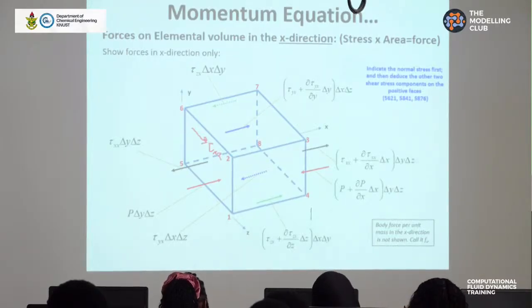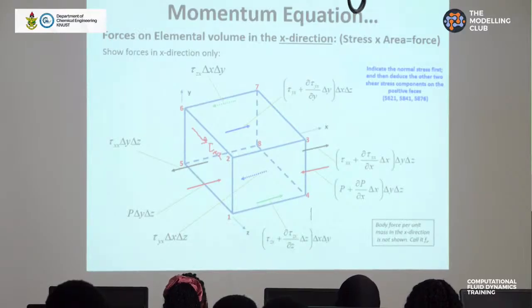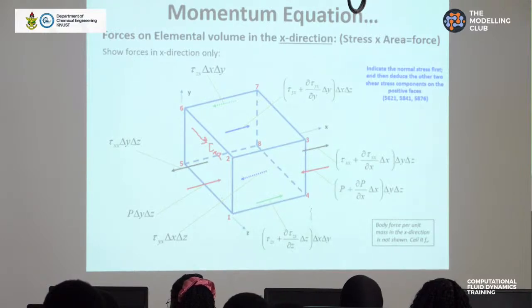What would be the area it's acting on? What is the area? It would be your delta x times your delta z, okay?